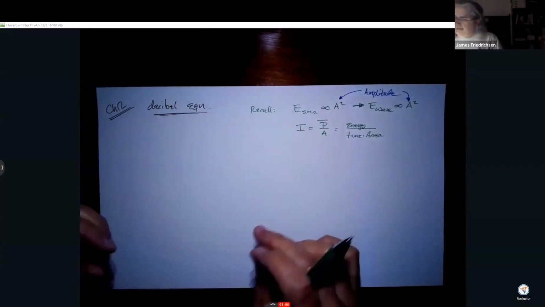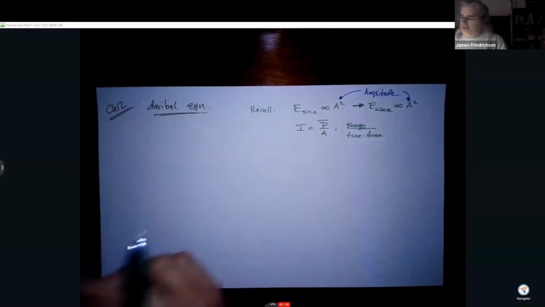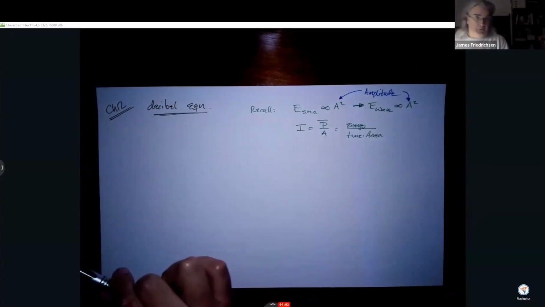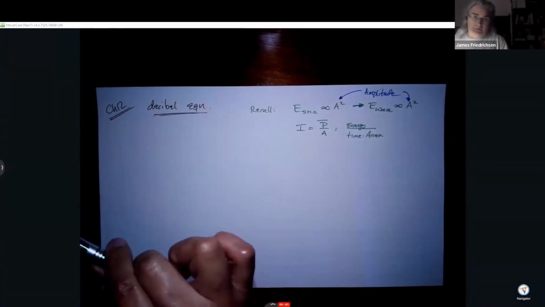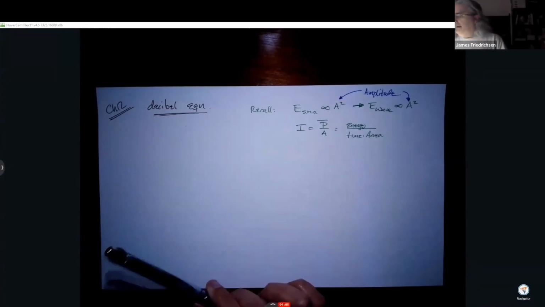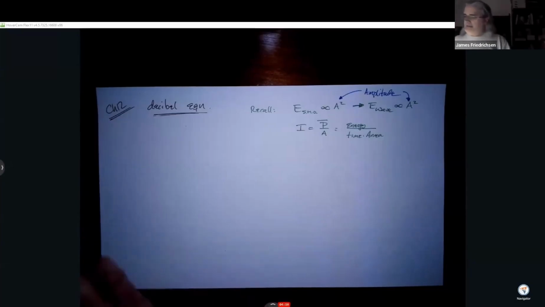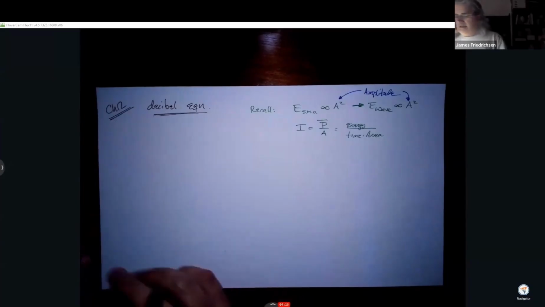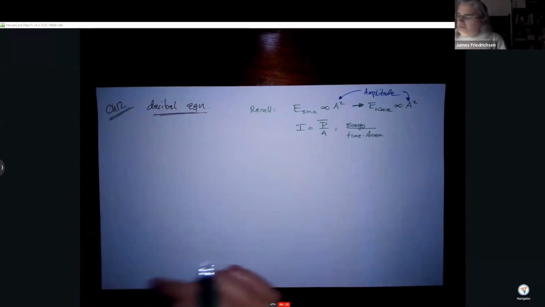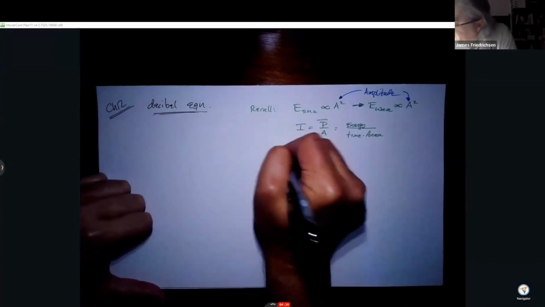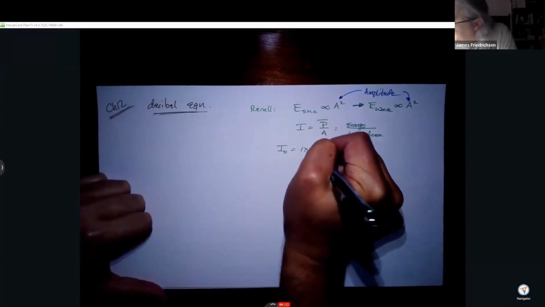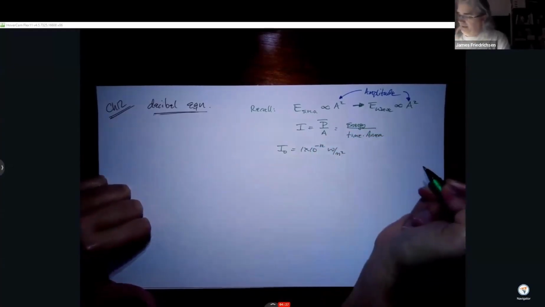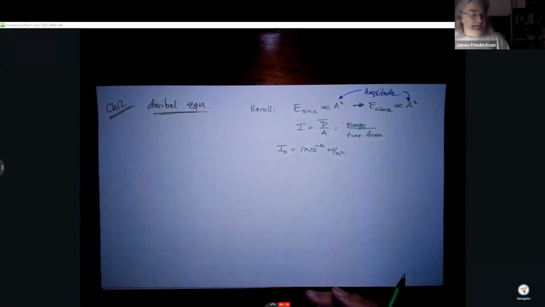And what we get is that the bigger the intensity of a wave, if it's a sound wave, then the louder it will be. And if it's a light wave, the brighter it will be. That was what we had established. For our sounds, the intensity for the threshold of hearing was 1 times 10 to the minus 12 watts per meter squared, the softest sound that we can hear.